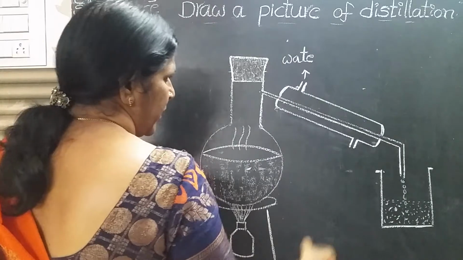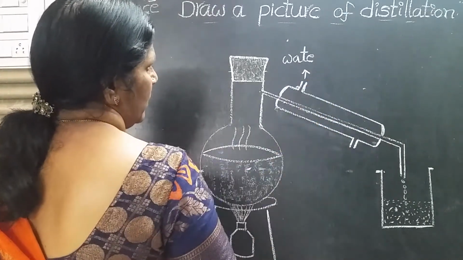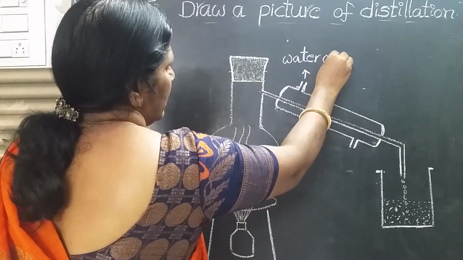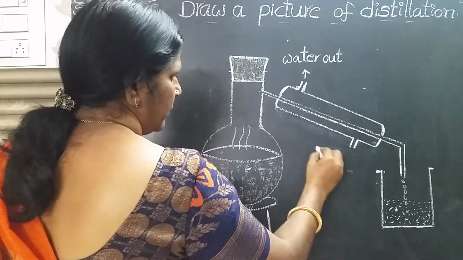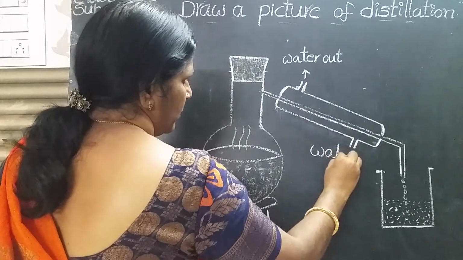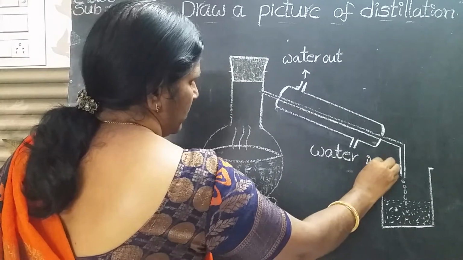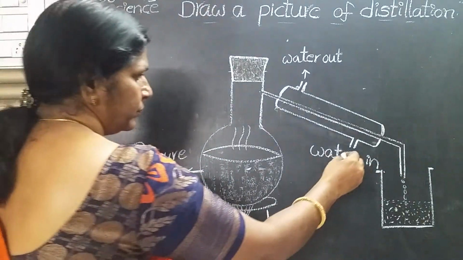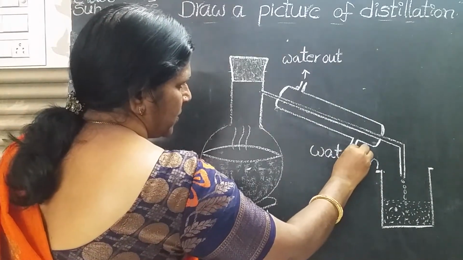Okay, this is the condenser, cool condenser. Okay, water out, water in. Okay, keep the arrow marks like this.